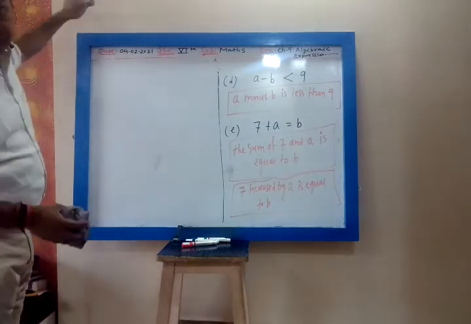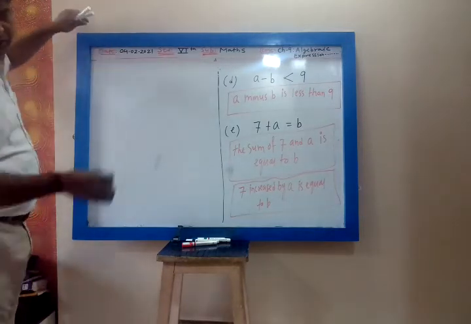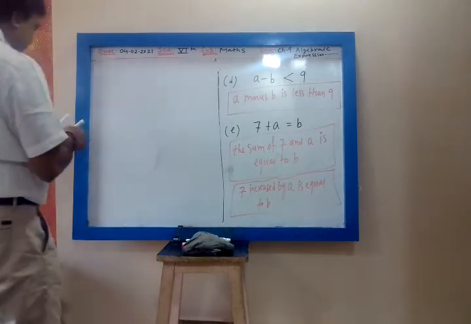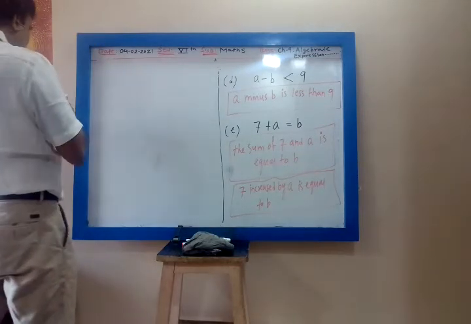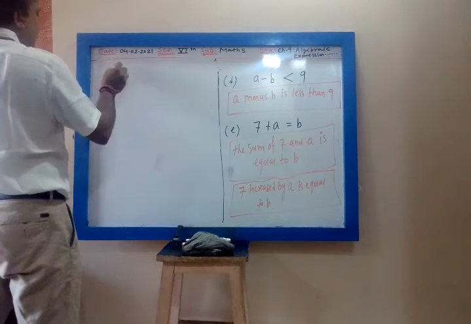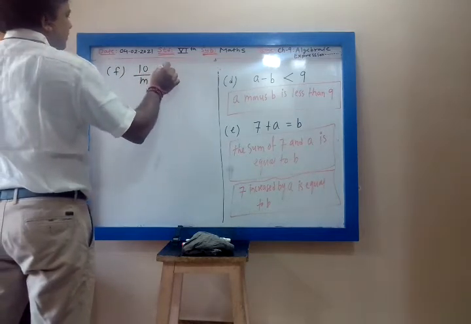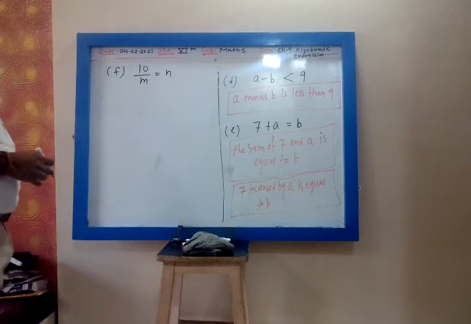Now we will do F. 10 upon M is equal to N. Now what do you mean by 10 upon M?